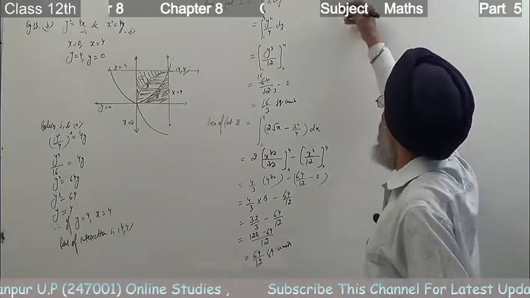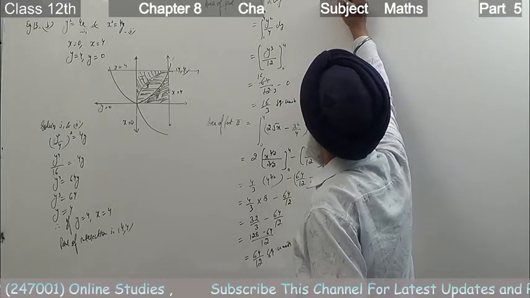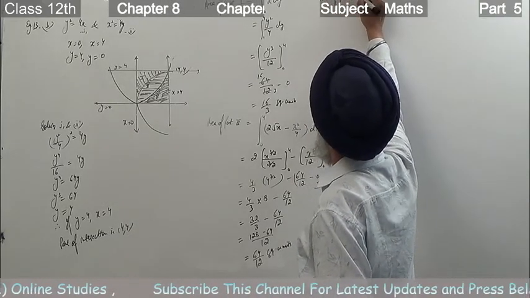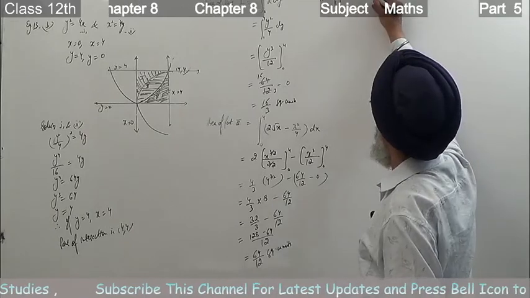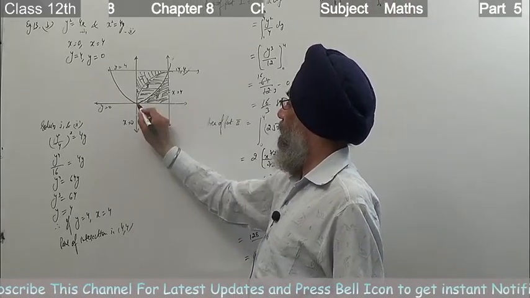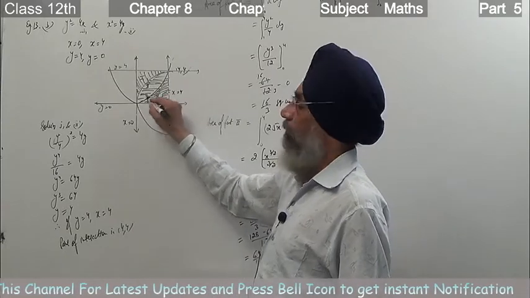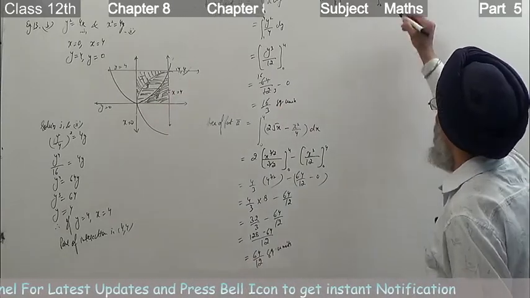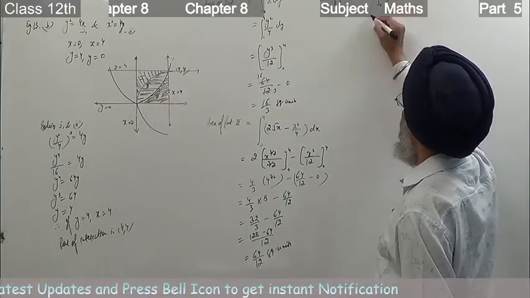Now, area of part 3. Area of part 3 is from 0 to 4, from here to here. Here the curve is x square is 4y. So y in terms of x, which curve will come?